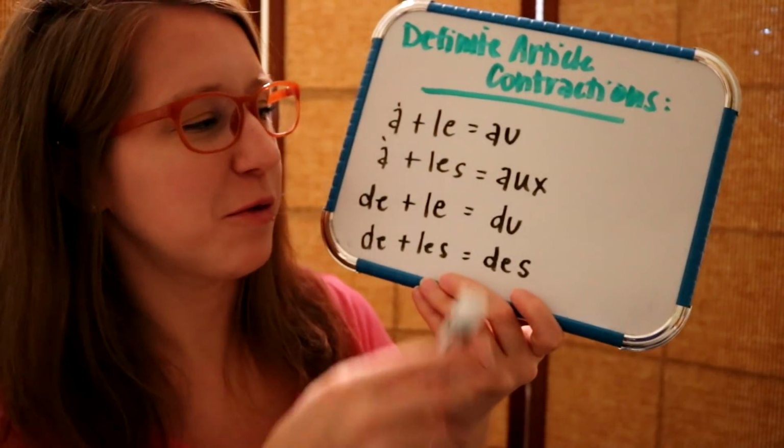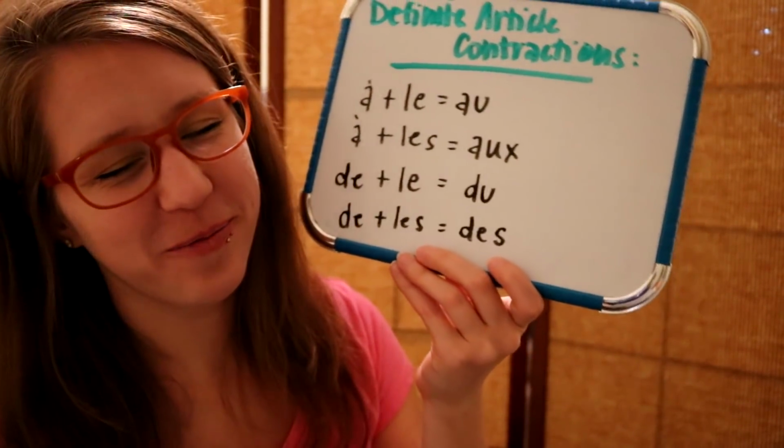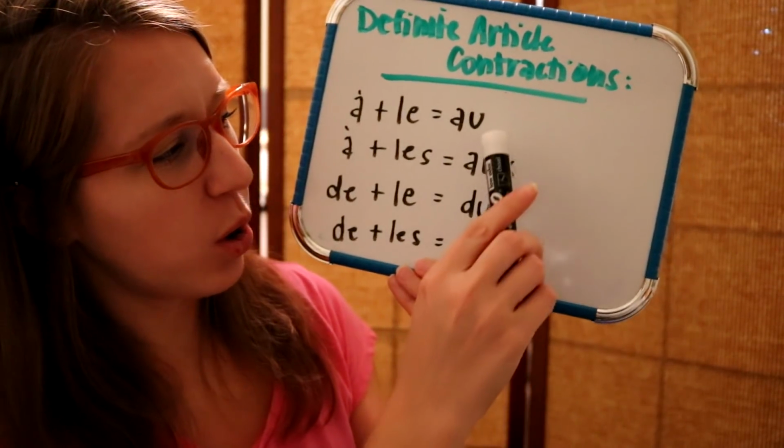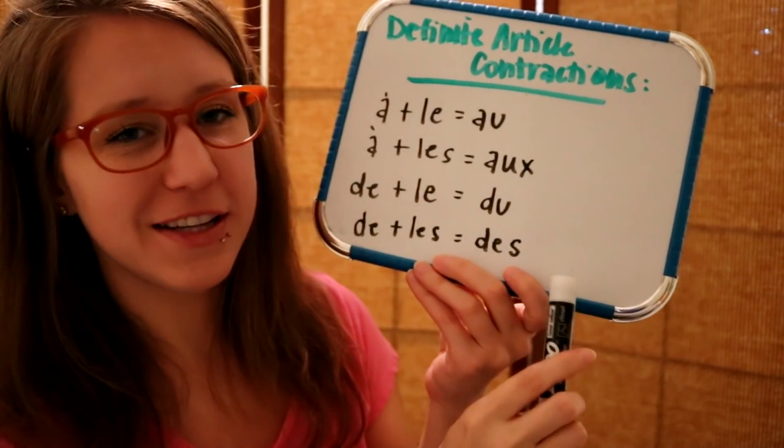And then from there you have to remember your four things that they do allow. So here are your contractions. Au, aux, du, des. And again, those are just with definite articles.